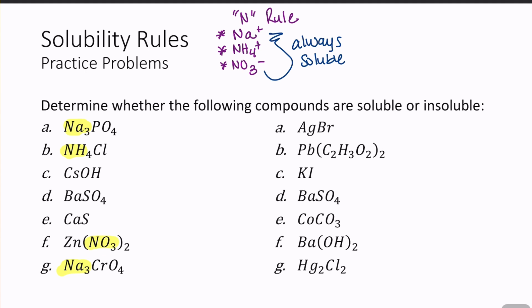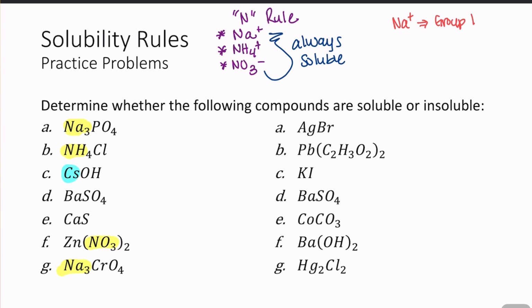We can take this one step further. If you recall, elements within the same group are going to have similar chemical properties. So sodium ion is in group 1. By remembering sodium, I'm remembering all of group 1, so I can take this further, and here's another group 1 cation.